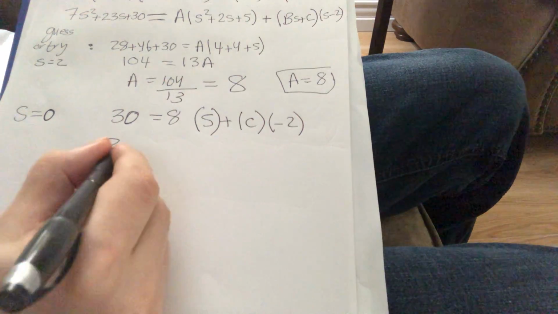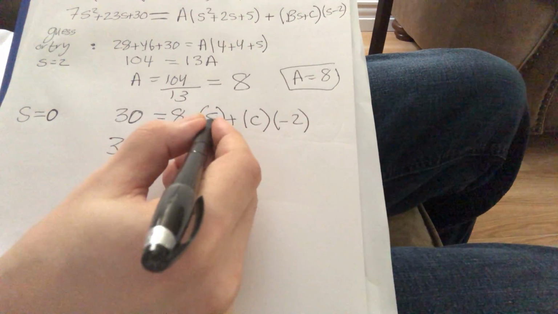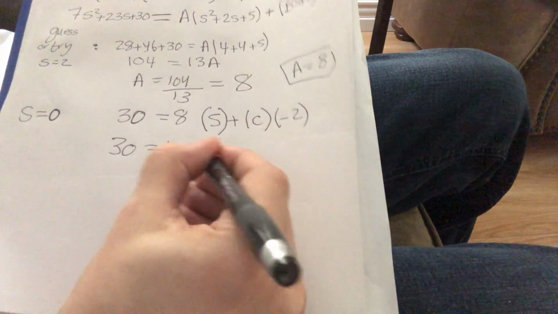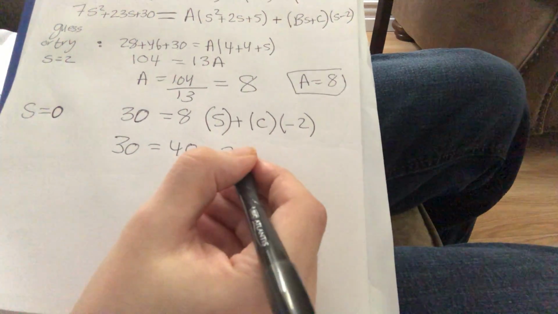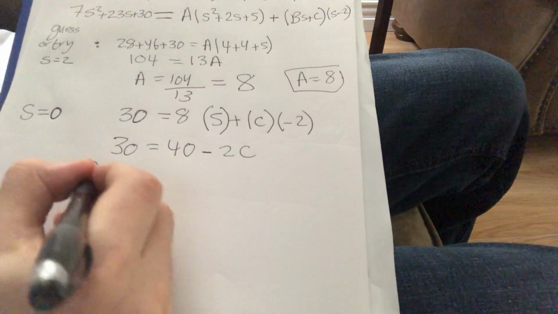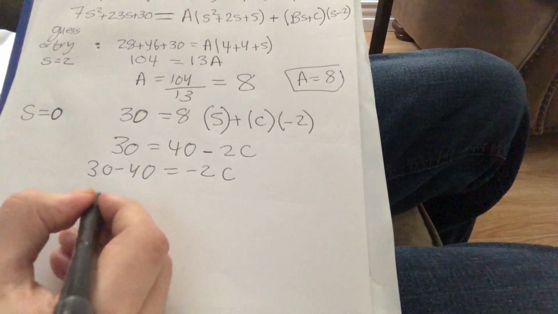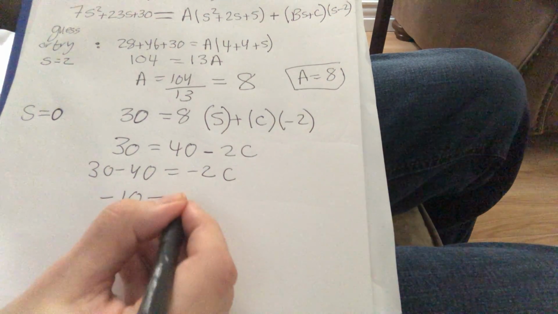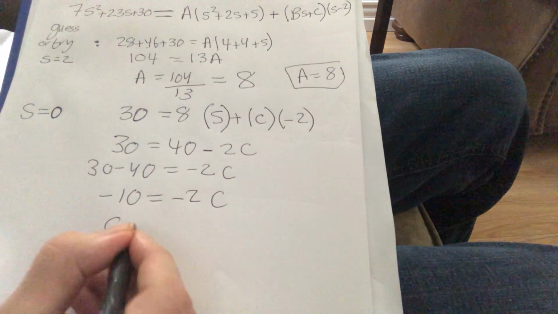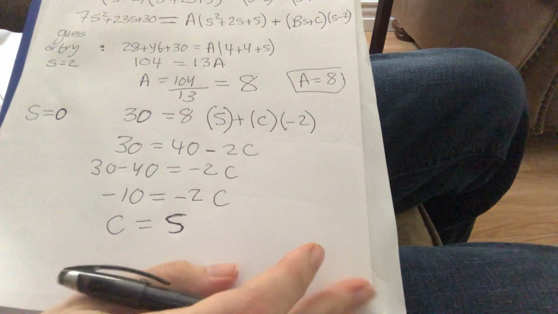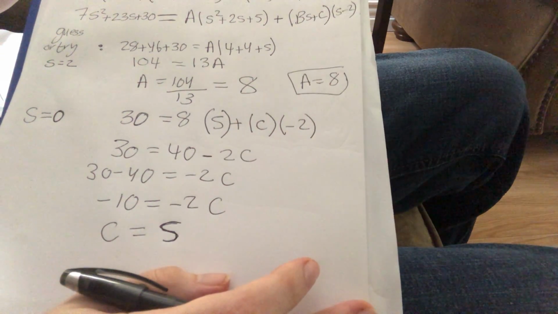So now I have 30. 8 times 5 is 40. And that's minus 2c. Bring the 40 over. Minus 10 equals minus 2c. So c would be 5, which is minus 10 over minus 2.